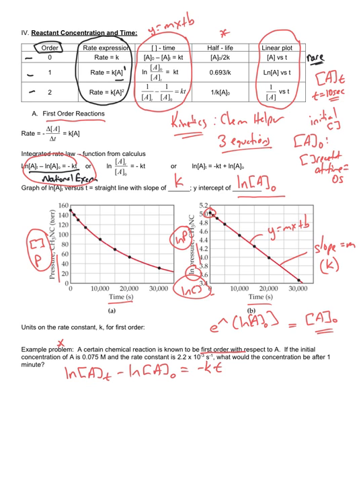They want to know what the concentration would be after 1 minute, which would be the concentration after a certain time interval. The initial concentration was given to us as 0.075 molar, equals negative k, where k is the rate constant, and the time interval is 1 minute.